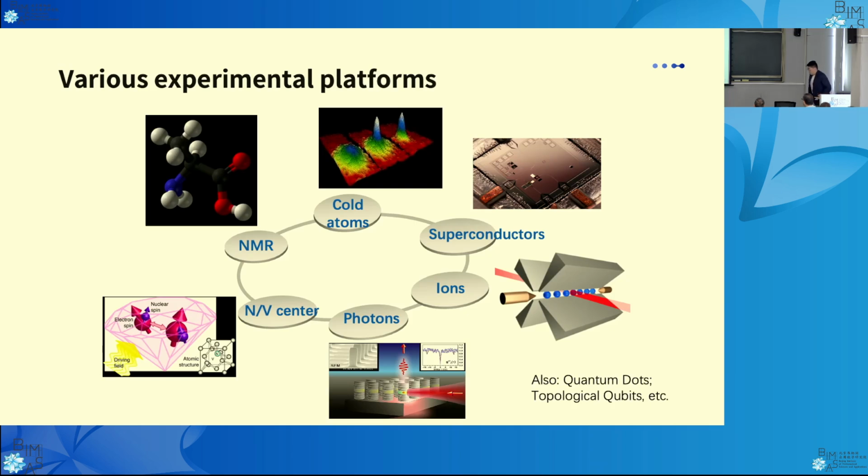So there are many platforms on which we're attempting to build quantum computers, and I'm missing some even in this picture. For example, there are still quantum dots and topological qubits, but I would say that some of the main competitors are cold atoms in optical tweezers, superconducting qubits, and trapped ions.